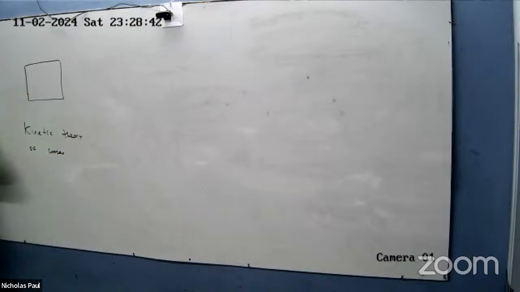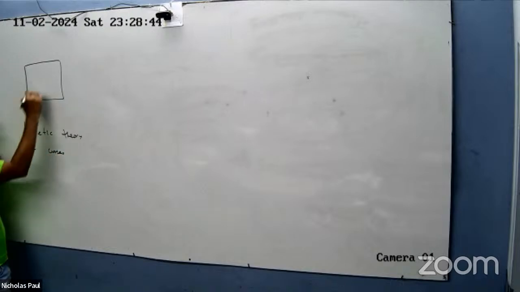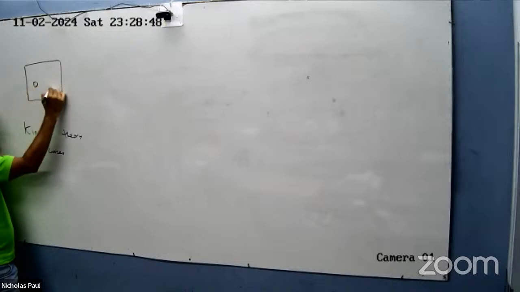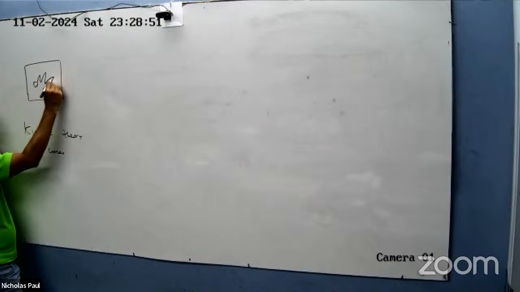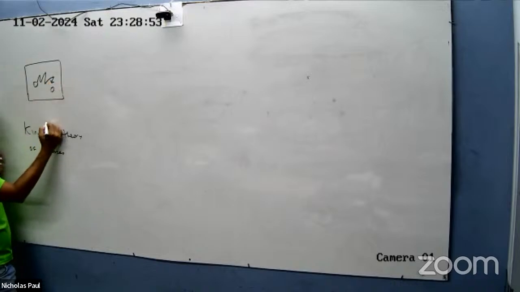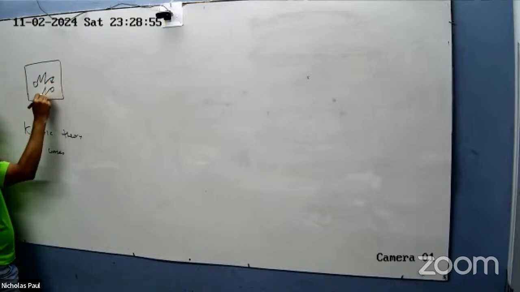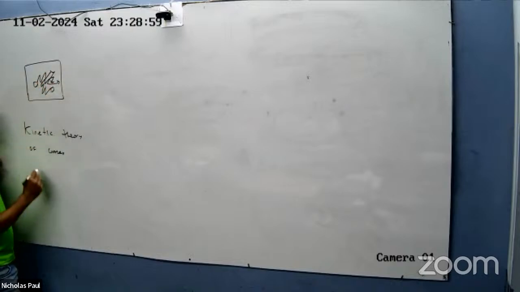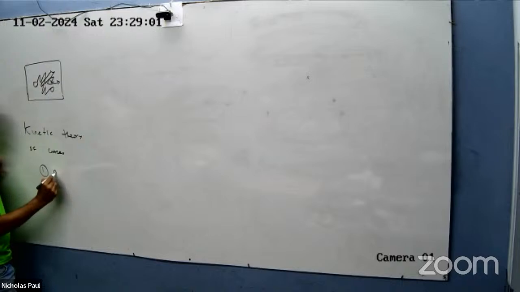Right? What do we know with gases? If I have a gas particle in there, you have gas particles moving randomly. That's okay, Brianna? They are always moving randomly, right?